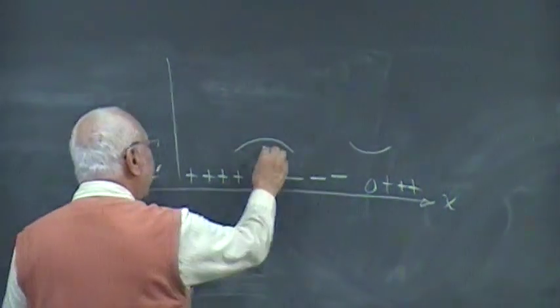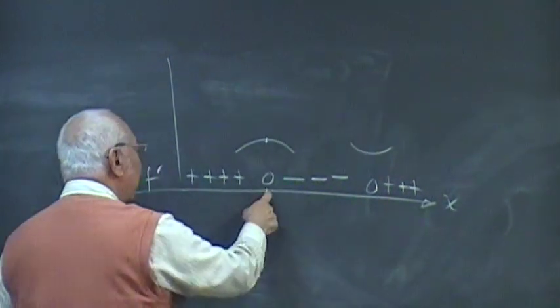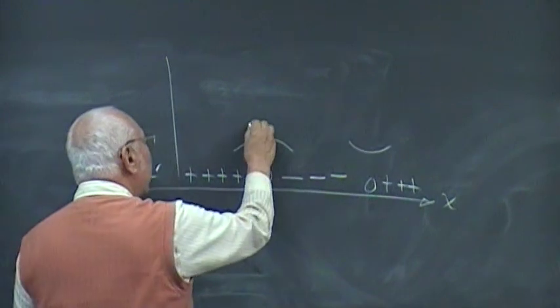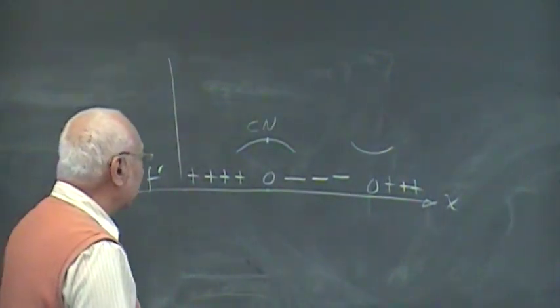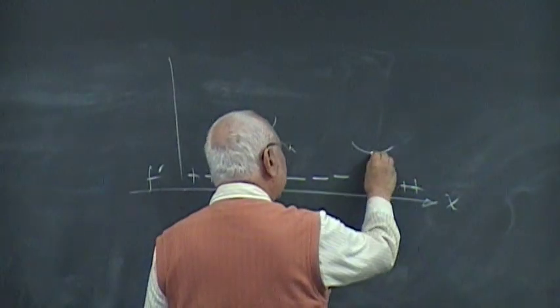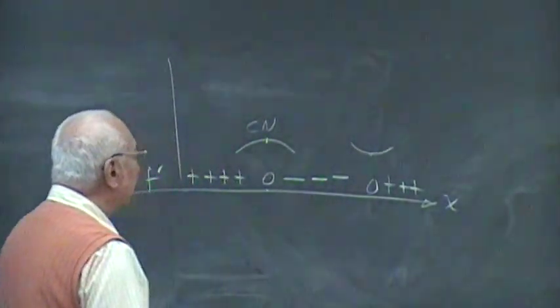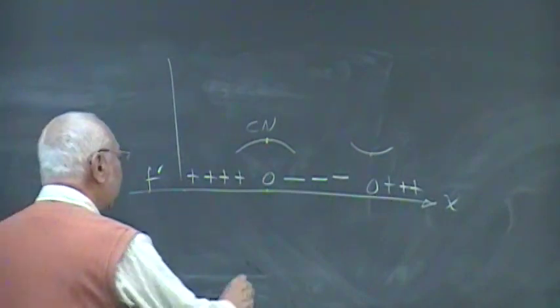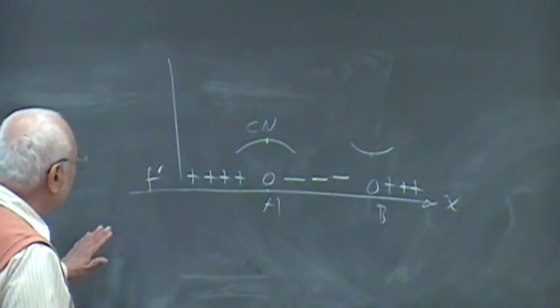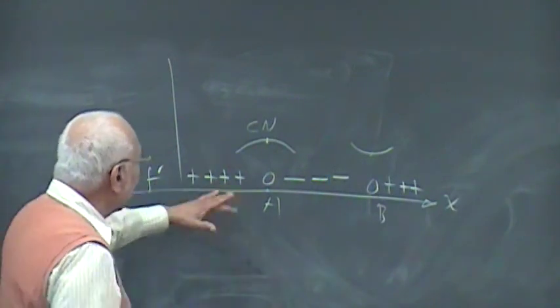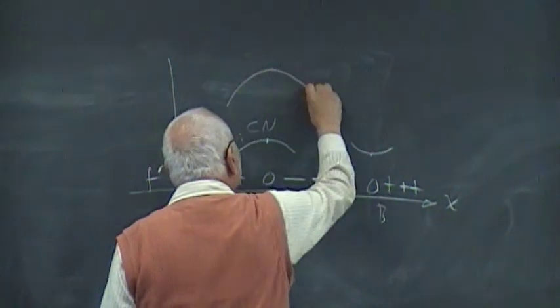This situation right here, where the derivative is equal to 0, is called a critical number. That is where the derivative is equal to 0 or does not exist also. In this situation, the same thing, you have a critical number at that point. Let's call this point A and point B. This is called the first derivative test because the graph of the function is like this, and then it's like that.